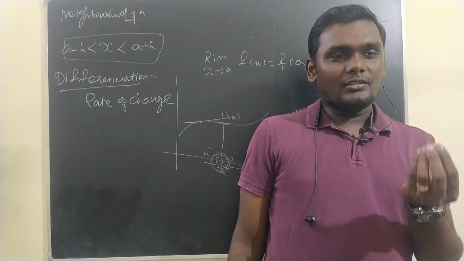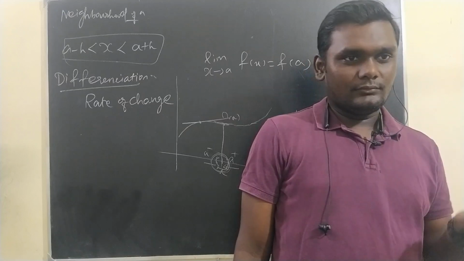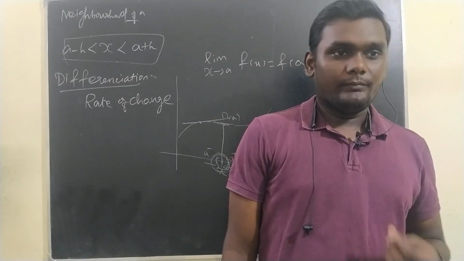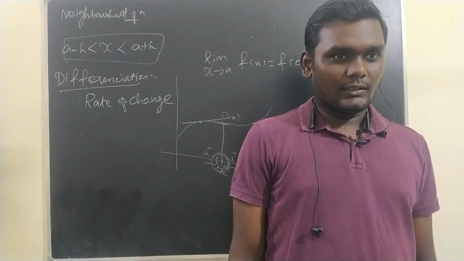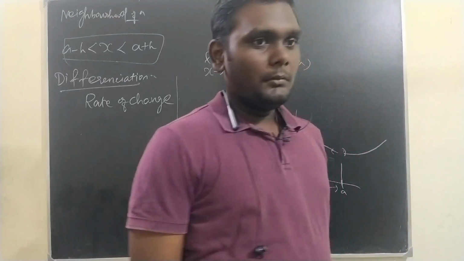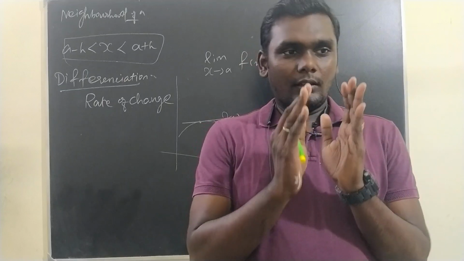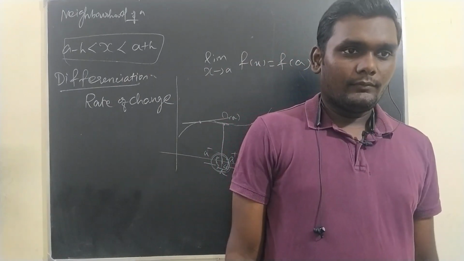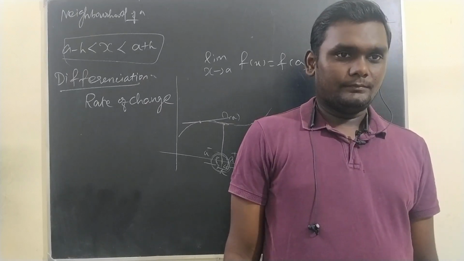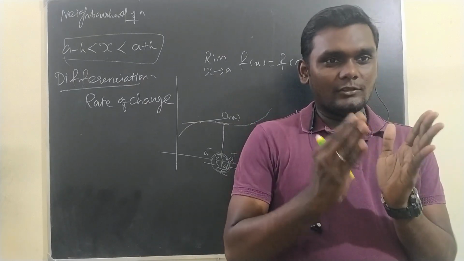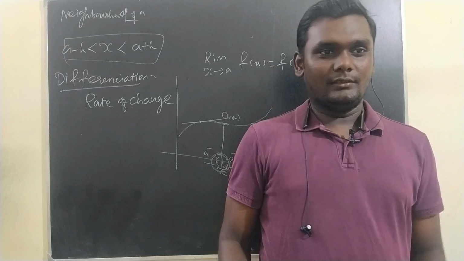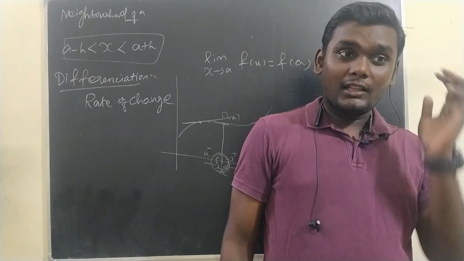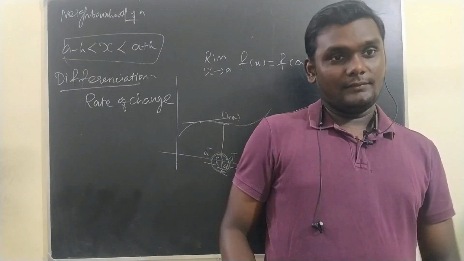Depending on some situation, some conditions, the milk will turn itself into curd. Time goes on and on, and we get the curd. Clear? So it is a rate of change. At what rate is it changing?